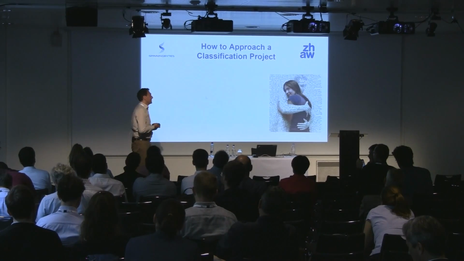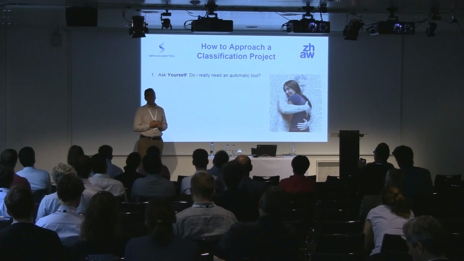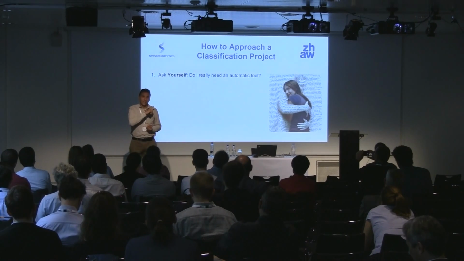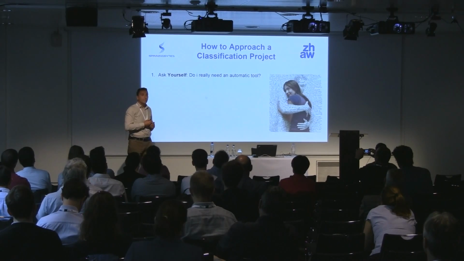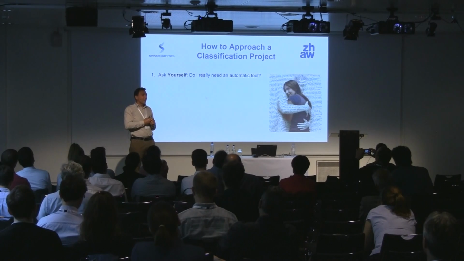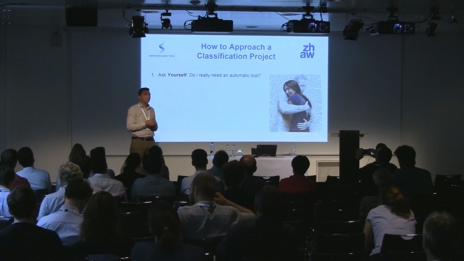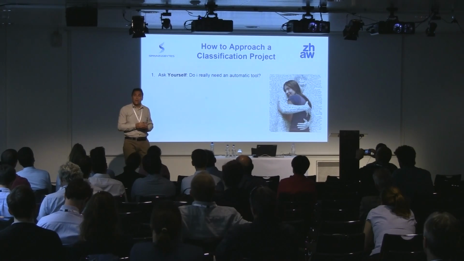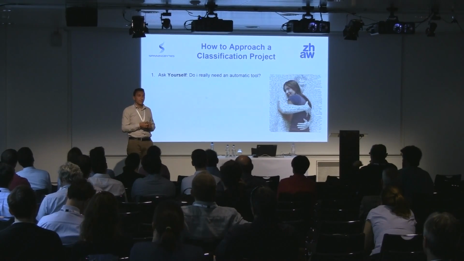The first thing is that you have to ask yourself, do I really need an automatic tool? And that's a serious question. We have run now about 45 projects on text analytics, and we have been asked a lot of times, we want to have something like automatic processing for our documents. And the first question is always, how many documents do you have? And then comes the answer, oh, we have 200 per year.